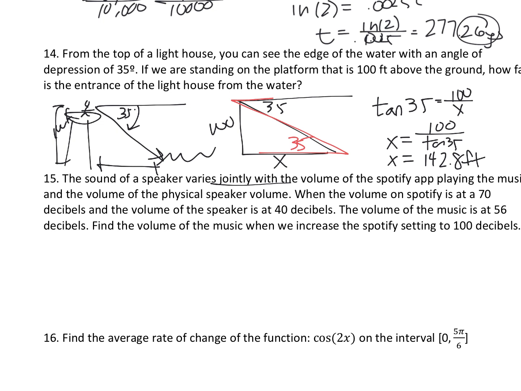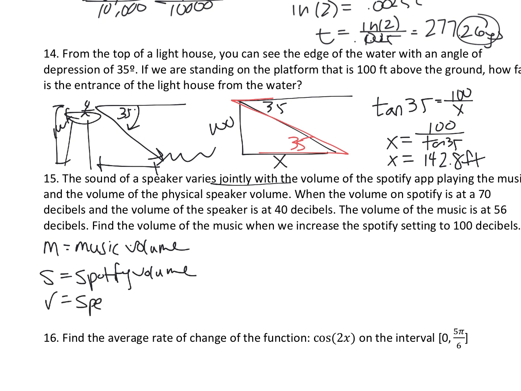I'm going to say that M is the music volume. So what I'm actually hearing is M. S is the Spotify volume I have on my computer. And then V, I'm going to say, is the speaker volume. So what the setting is on the speaker I'm playing Spotify through.